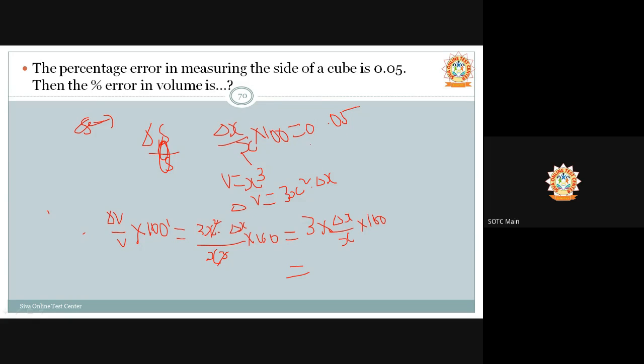Nothing but your 0.05. So 3 into 0.05 will become 0.15. Clear? While coming to the cube, whatever the percentage error of its side is, it is just multiplied with 3. So nothing but 3 into 0.05, that is 0.15%, right? Let us move to the next question.